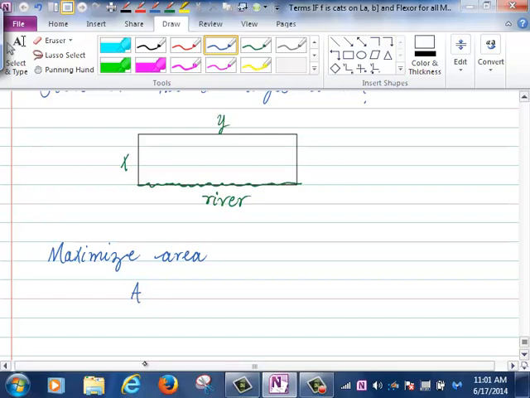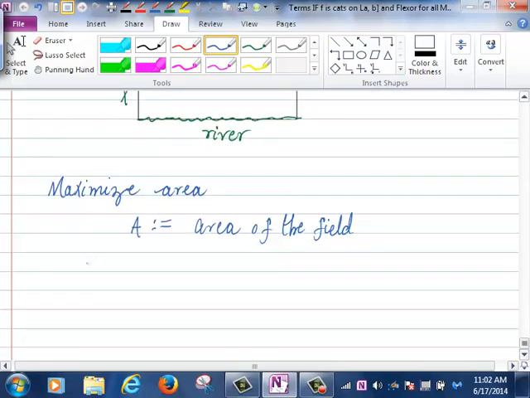I'm going to denote the area by A. So A will denote the area of the field. Now, can someone tell me what is area? What does area equal to? X times Y. So we need to figure out how we should pick X and Y in order to maximize this function, right?